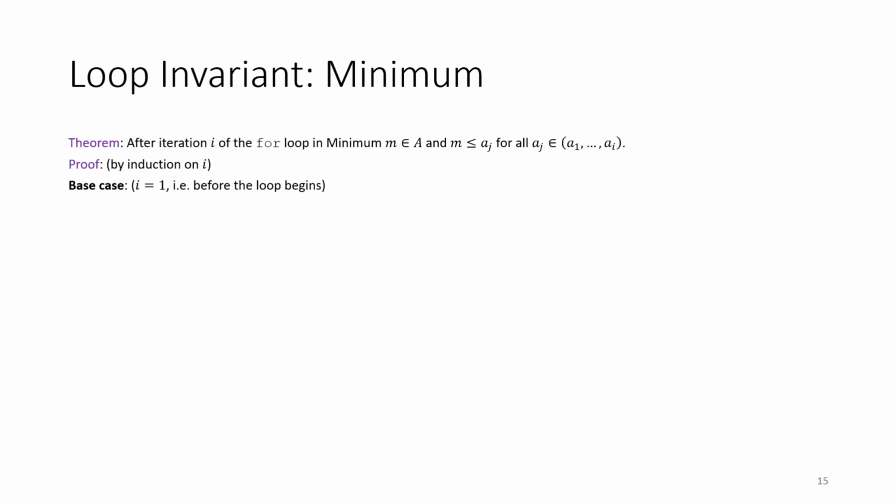Okay, that means if we're saying iteration i equals 1 here, we're actually talking about before the loop. And usually when we're proving a loop invariant, the base case that we want to establish is, well, what do we know before we enter the loop?